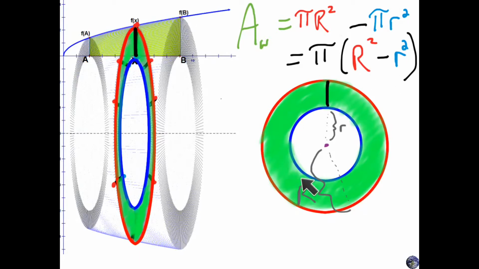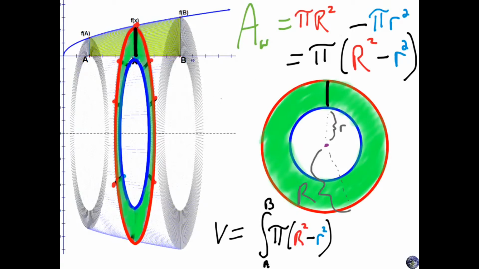Now that we know the area of this green part, the area of this washer, thinking of our original solid, this big volume right here, is just adding up all these different washers. So the general formula for the volume of a solid of revolution is the integral starting at a and going to b of pi times big radius squared minus small radius squared.